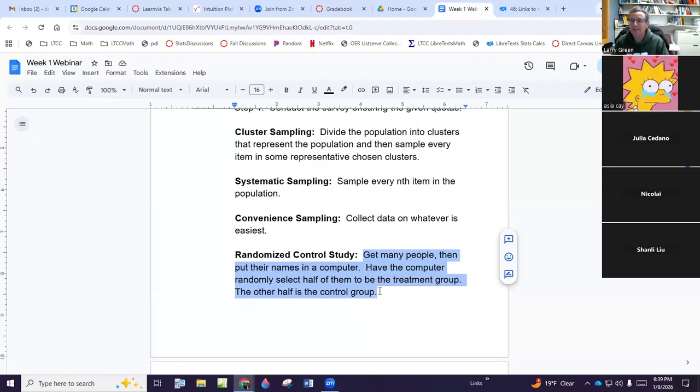You might be able to guess this. If not, when I say it, you'll say, oh, of course. Or maybe you don't agree with me. Any thoughts?